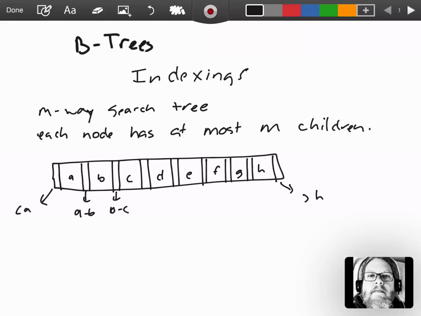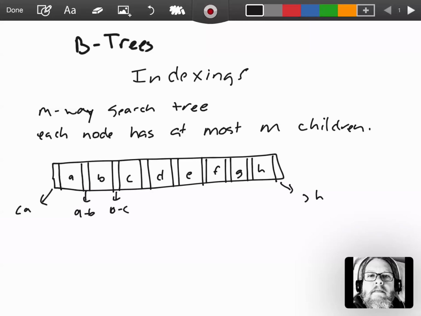All of the keys which any of the pointers point to are going to be less than the key itself, so it has that property, and the subtrees are also themselves M-way search trees.